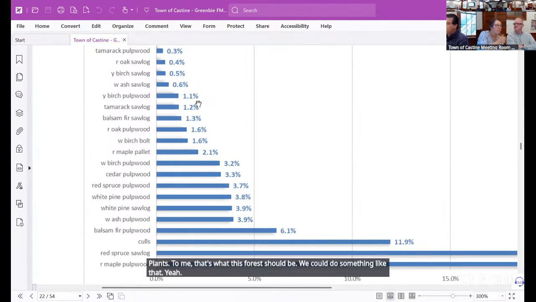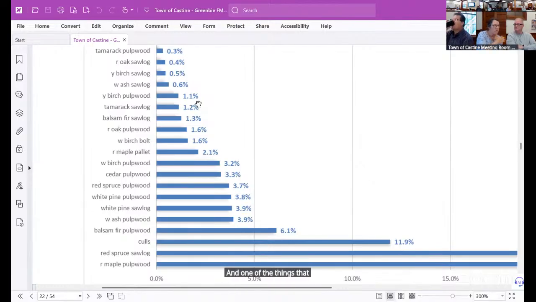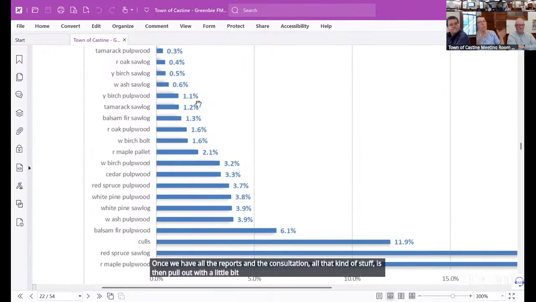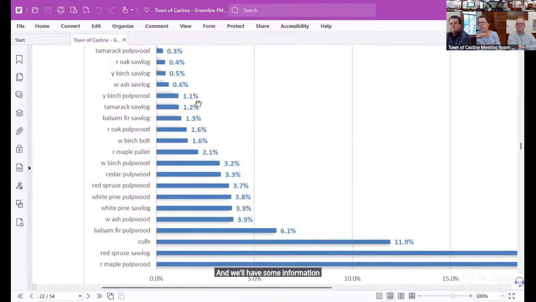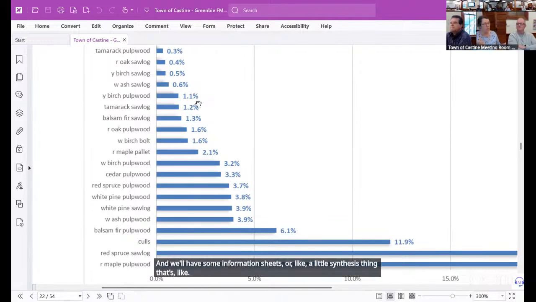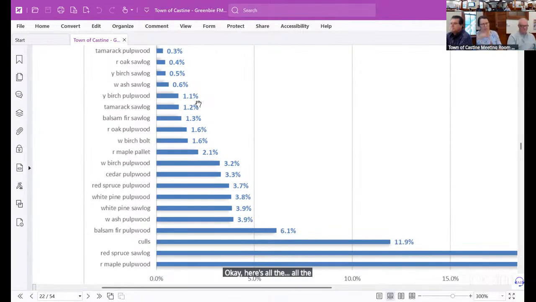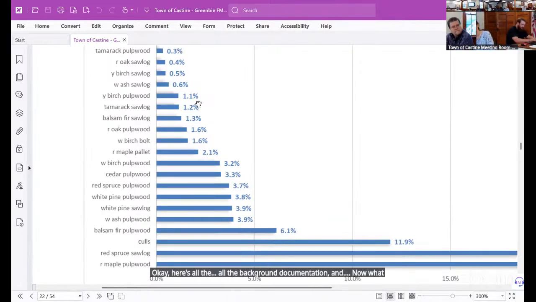And one of the things I'm going to do, once we have all the reports and the consultation, is pull out, with a little bit of advice from you guys, some information sheets or a little synthesis: here's all the background documentation, and now pull out the bits that we want people to know.